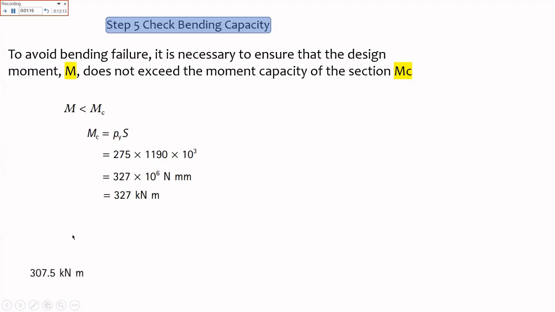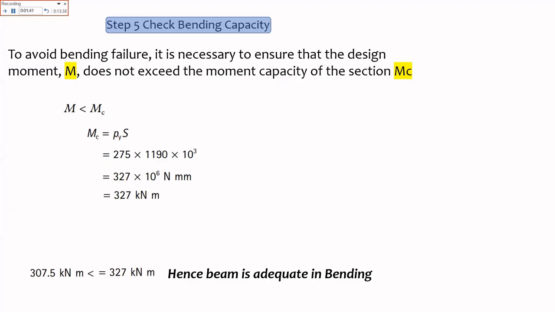So what was our applied moment? Our applied moment was 0.7 kilonewton meter, and our moment capacity is 327. So it goes without saying that this applied moment is less than the moment capacity, and hence the beam is adequate in bending.